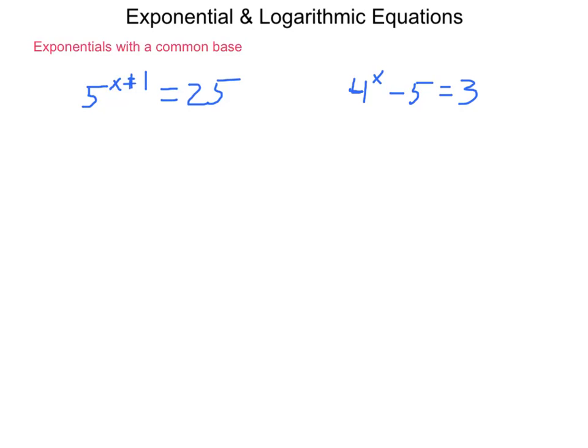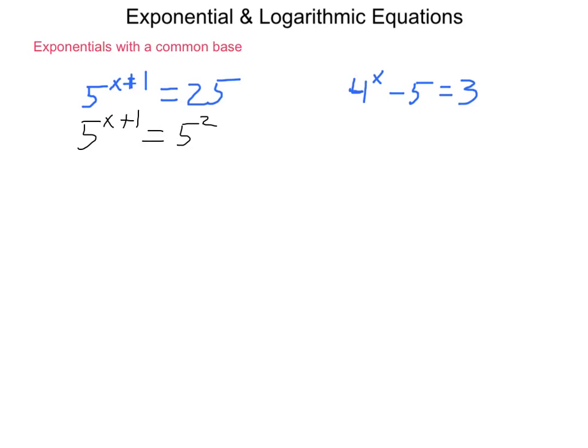If you have items that can be written in the common base, you need to begin by doing that conversion. So if we have 5 to the x plus 1 equals 25, I'm going to rewrite this so that we have a common base on both parts. So this will become 5 to the x plus 1 equals 5 squared, because that is equivalent to 25.